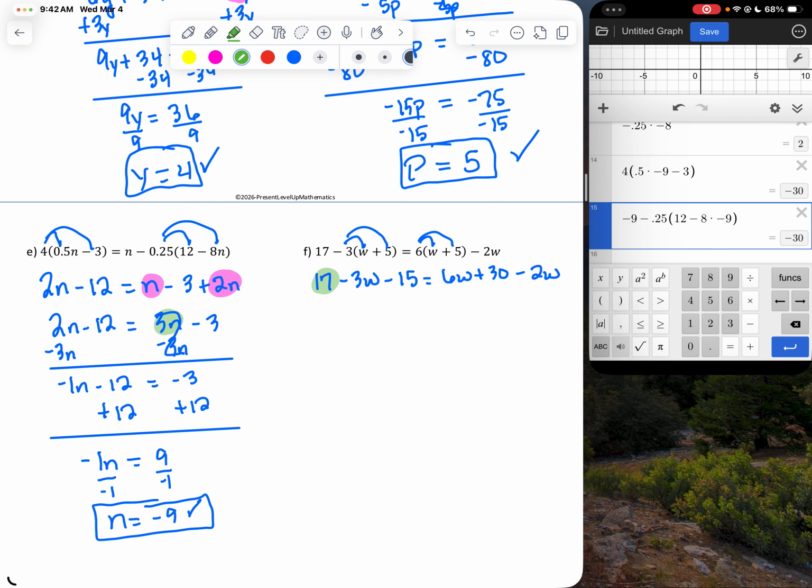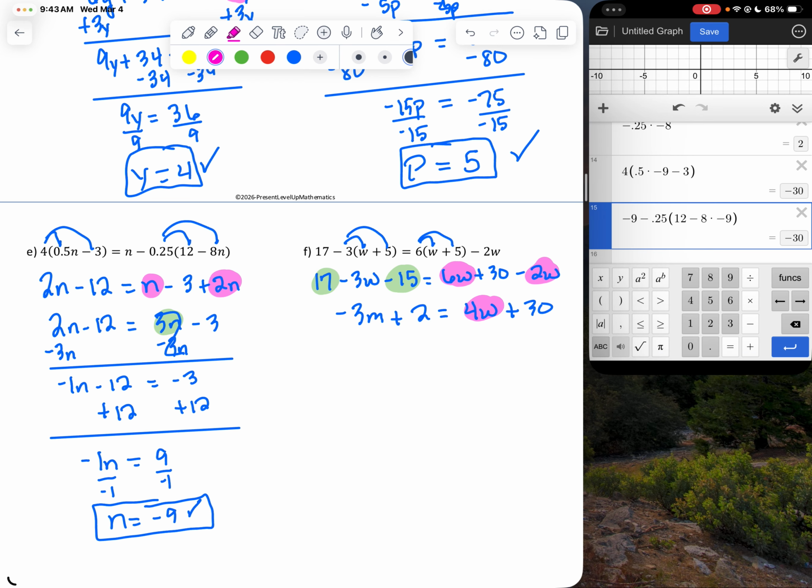On the left side, we can combine this with this. And on the right side, we can combine this term with this term. So that gives me negative 3w plus 2 equals 4w plus 30.